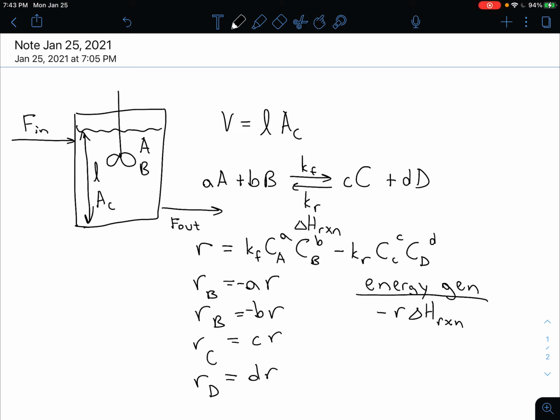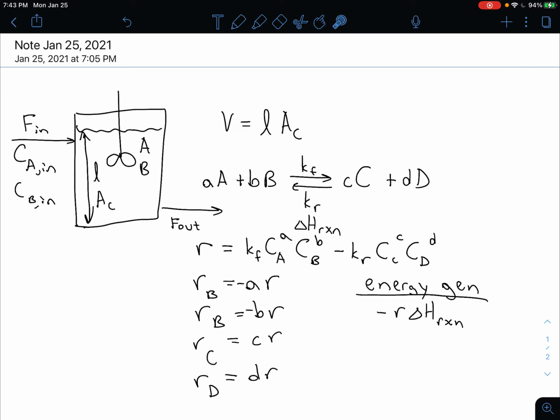The assumption here is that because it's well stirred, the composition of this stream that we draw out is going to have the same composition as what's in the tank. Now this stream may have C_A in and let's say C_B in. Let's assume there are no products in this stream.